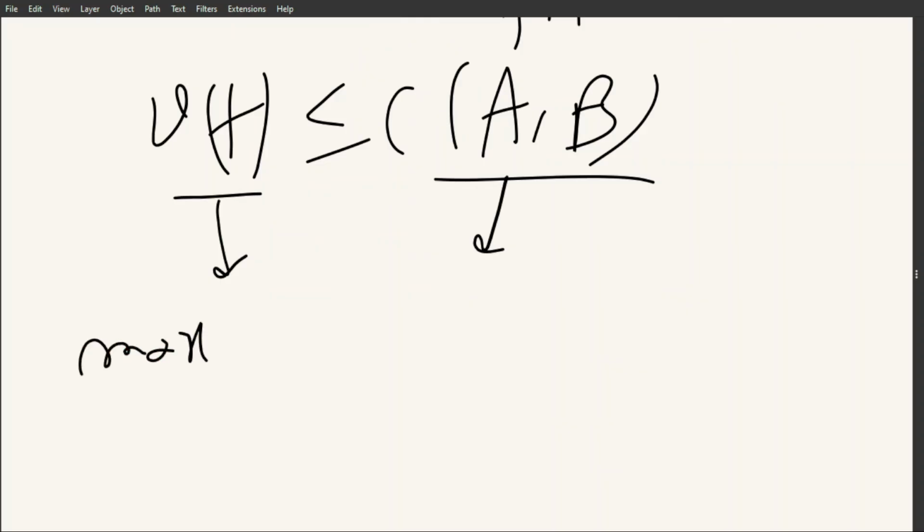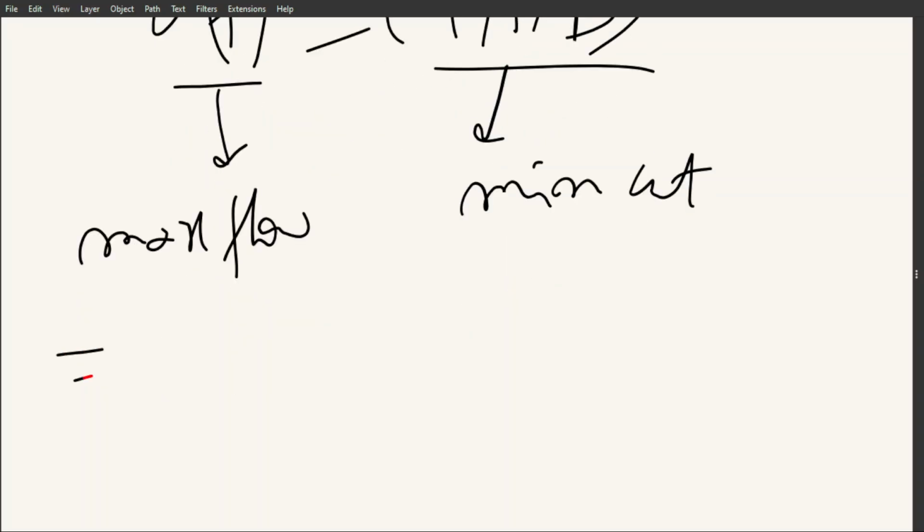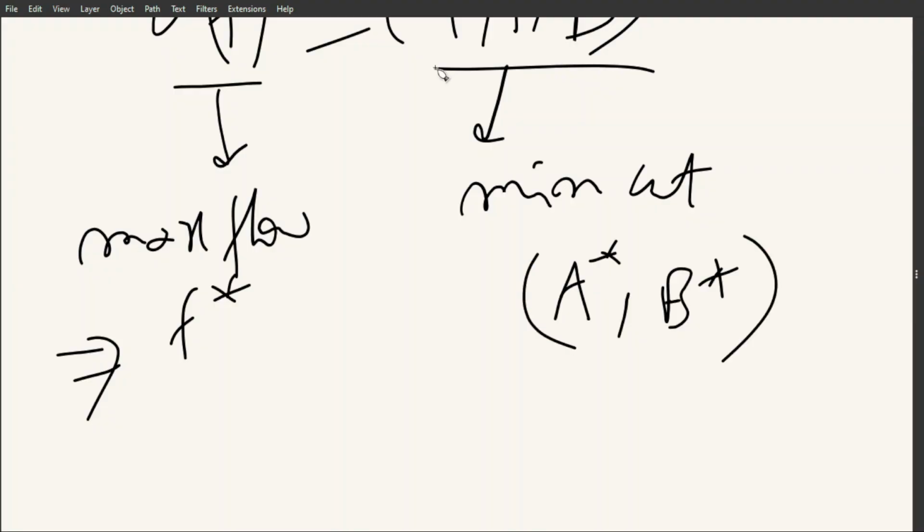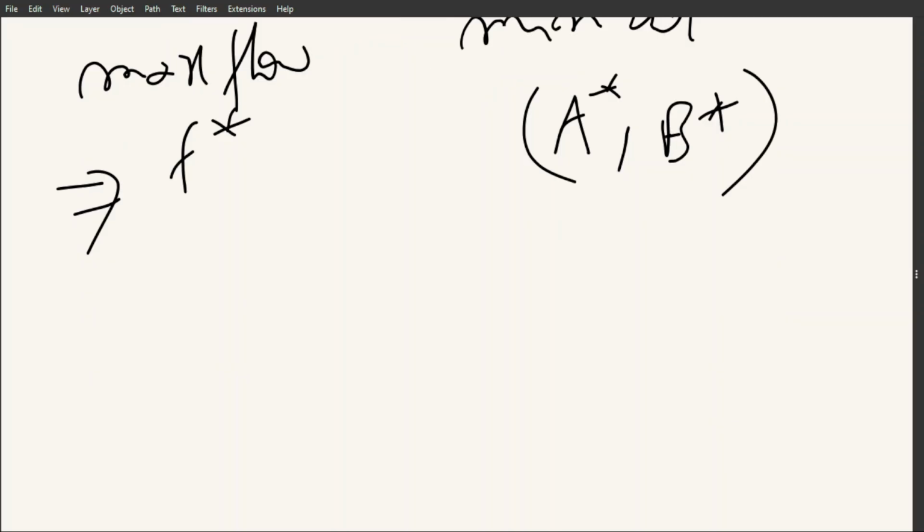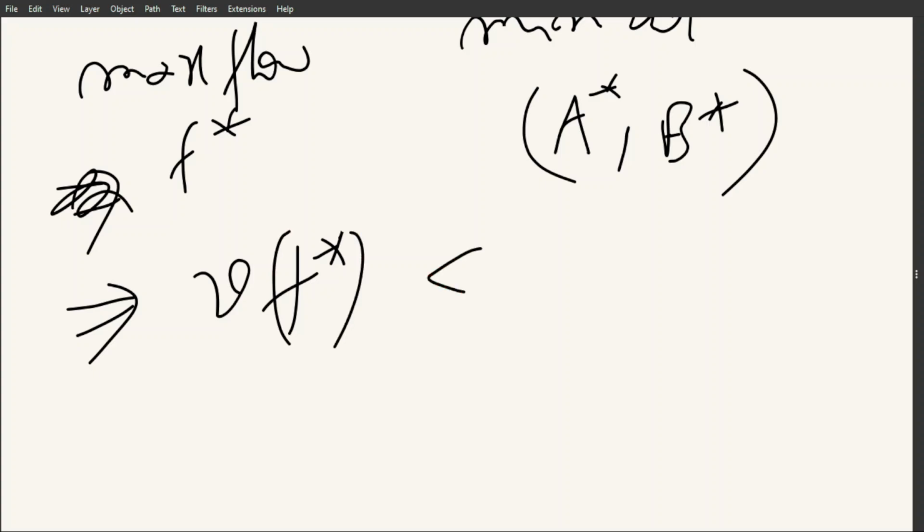Just take max flow on the left side and min cut on the right side. So this also implies, call this F star and this A star B star. The min cut is A star B star and max flow is F star. So this implies the value of max flow is upper bounded by the value of min cut.